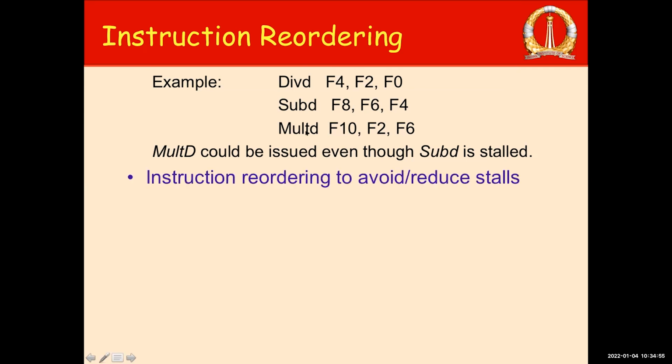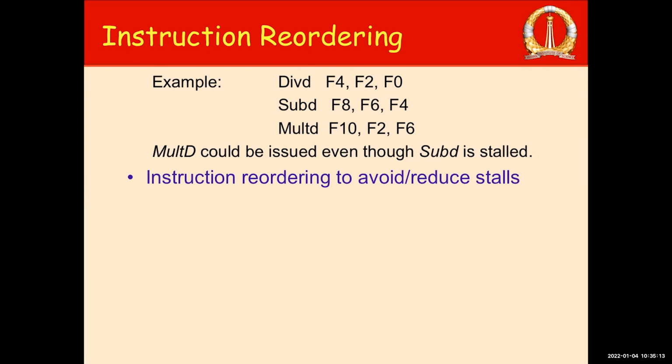Whereas the multiply instruction, which follows the subtract instruction, is not dependent either on the subtract instruction or on the divide instruction. The question is, can we allow the multiply instruction to go ahead and execute? This is what is called out of order issue.